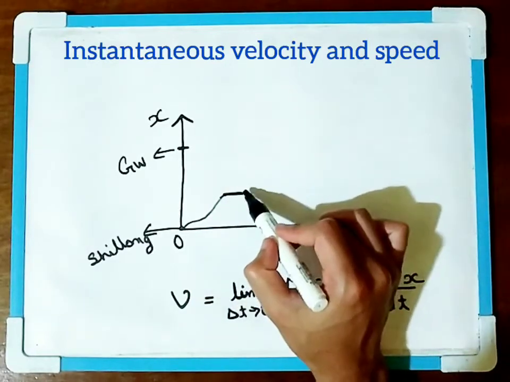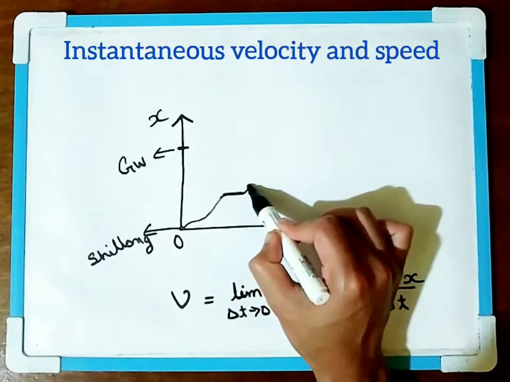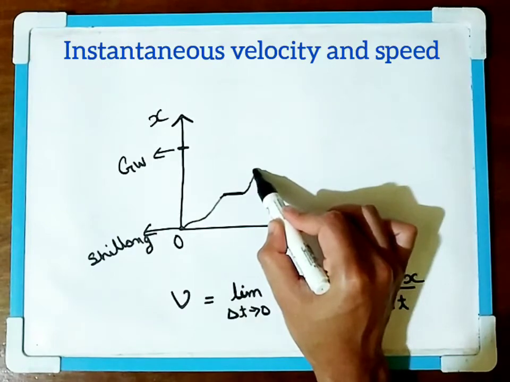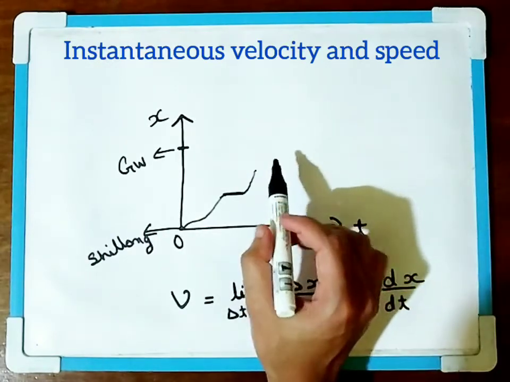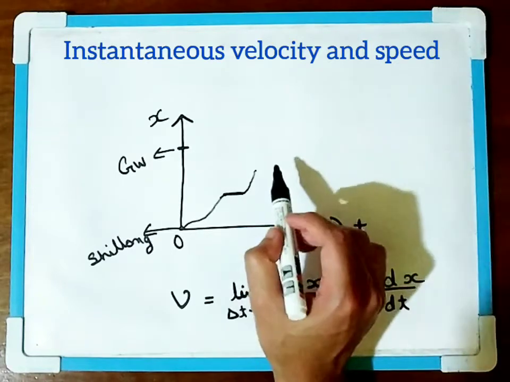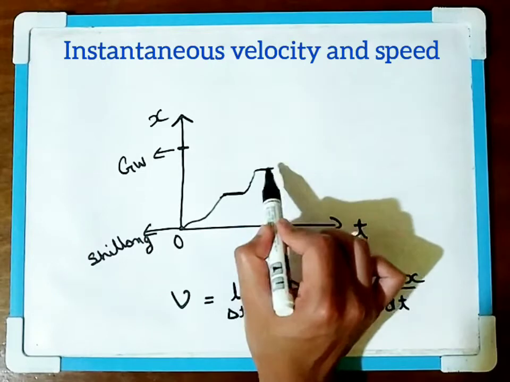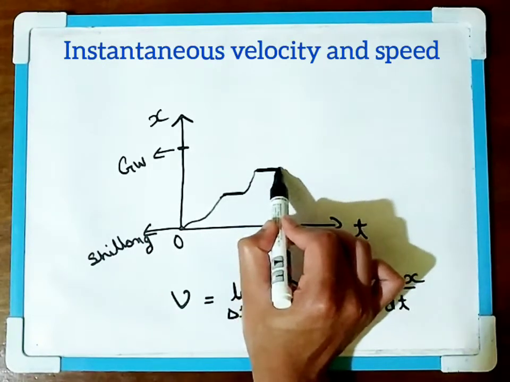Then after some time, the car starts moving, increasing in speed, and then again, suppose you reach, say, a tea break or a lunch break, then your car will again be at rest, and that is represented by this parallel line.